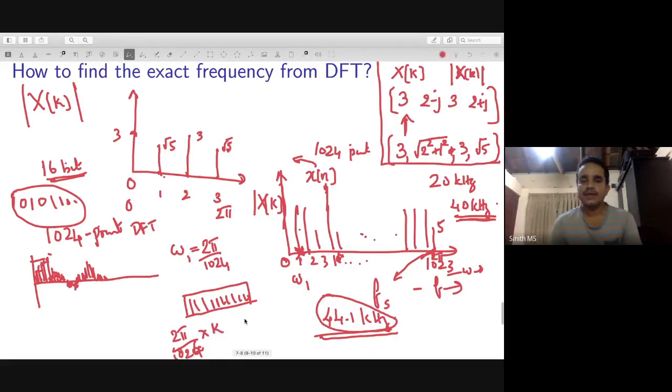If it is the 8th point, you multiply it with 8, and the value you get is the angular frequency corresponding to it. From the angular frequency, you can find the actual frequency. This is how you find which frequencies are present in a given signal, say a given audio signal.